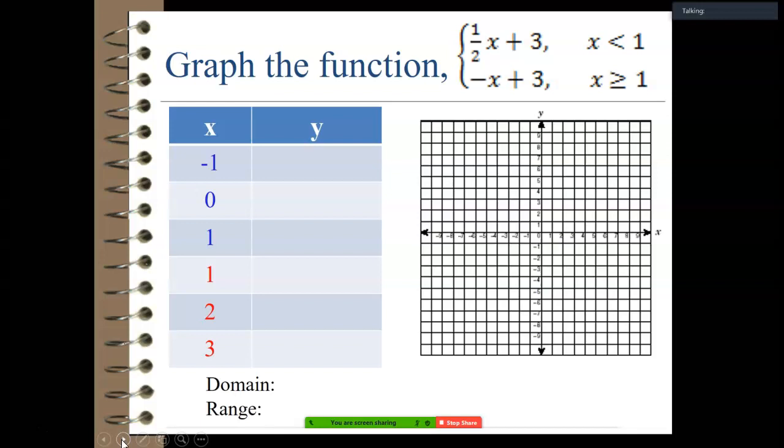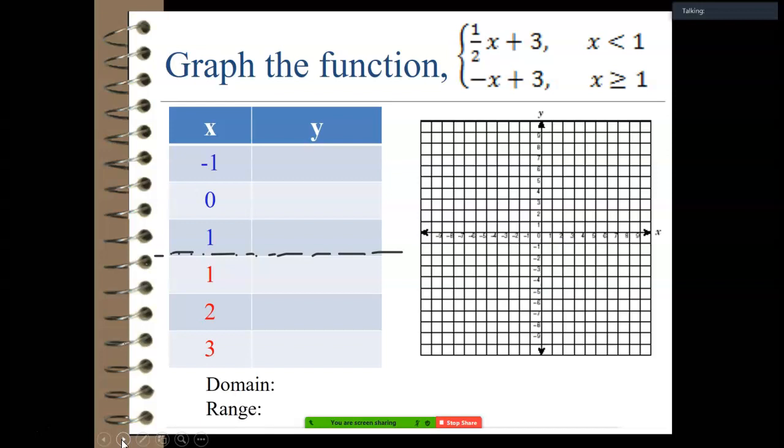So therefore, in my table, I need to use the number 1 twice. So again, I call number 1 the breaking point. Sometimes in my table, I darkened the line between them to give me that reminder that the graphs do not overlap at that value.